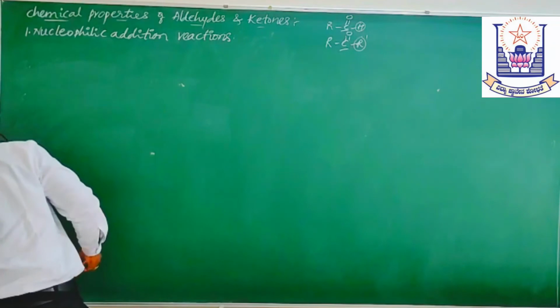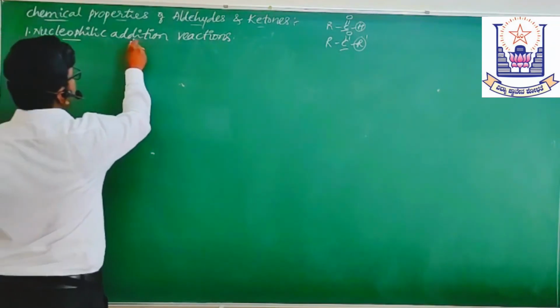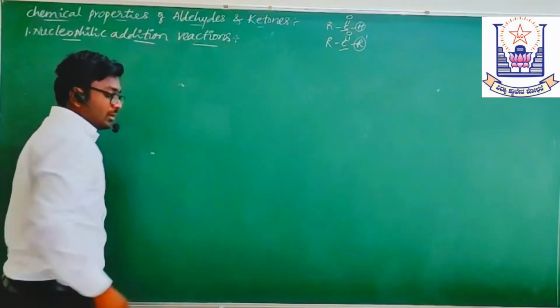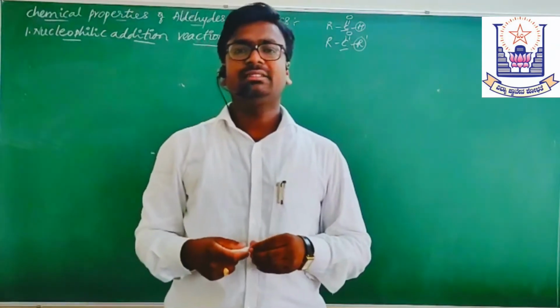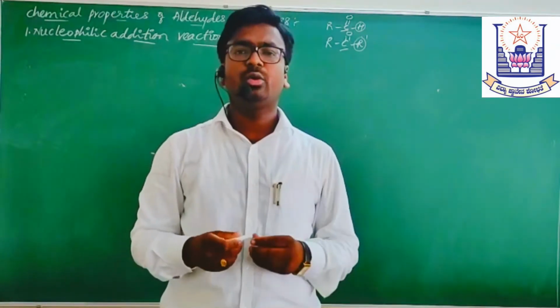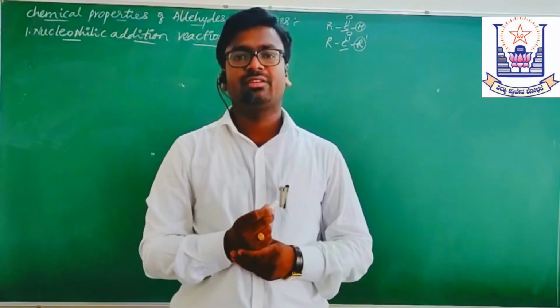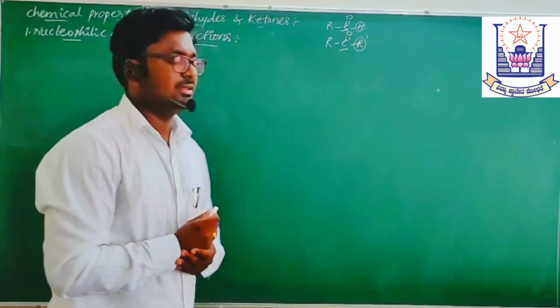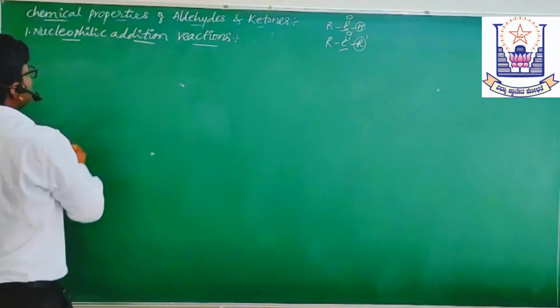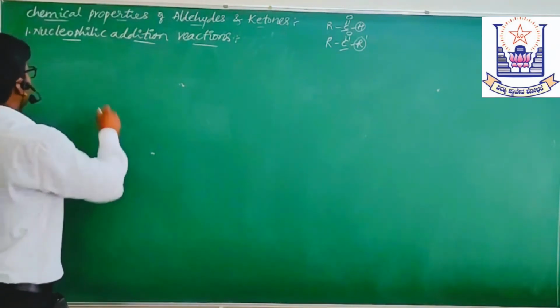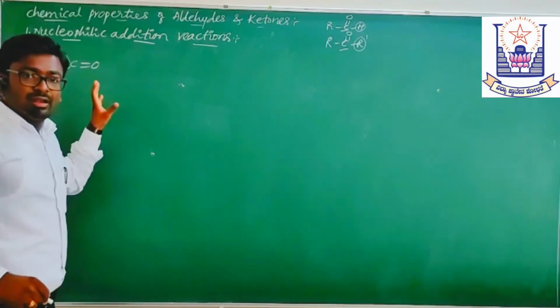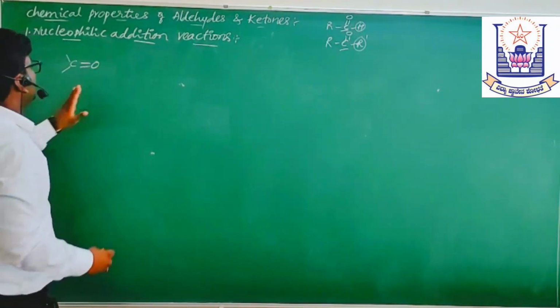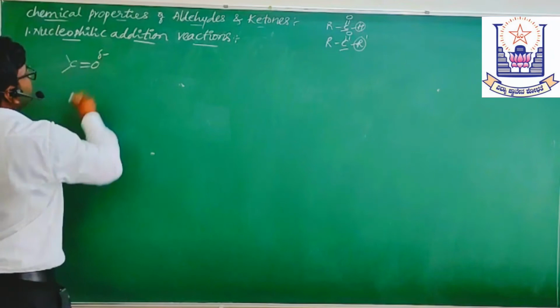Nucleophilic addition reactions. Why are the aldehydes and ketones undergoing nucleophilic addition reaction? Let us understand that. Take the carbonyl group. Here oxygen is more electronegative, therefore it is delta minus.